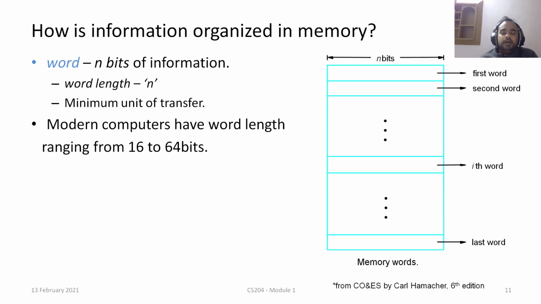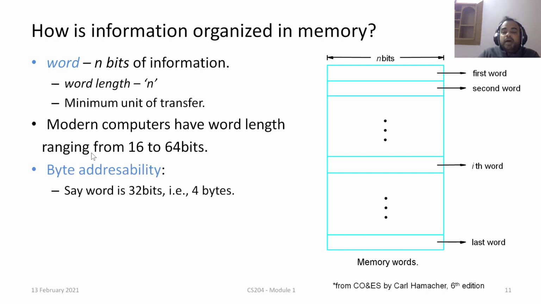Now we can imagine that the memory, no matter how big, is arranged as an array, and each element of that array has a width of n bits. So we would say the first location is the first word, second word, then probably the ith word, and probably this is the last word, and each word is of size n bits.